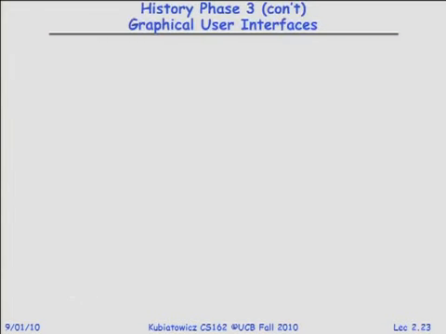The other interesting thing we'll talk about before we take a break here is that graphical user interfaces really came to the fore about this time. And of course, how many people have ever taken 160 here? Anybody? That's a class on how computers interact with users. This all started in the 80s.